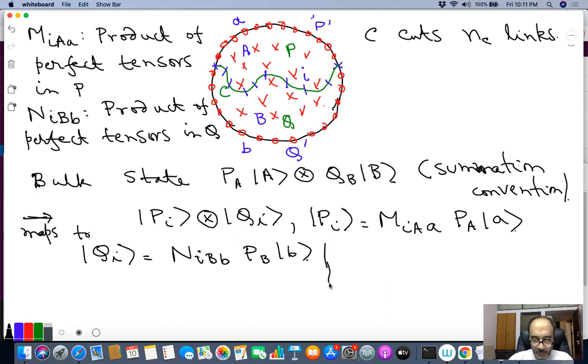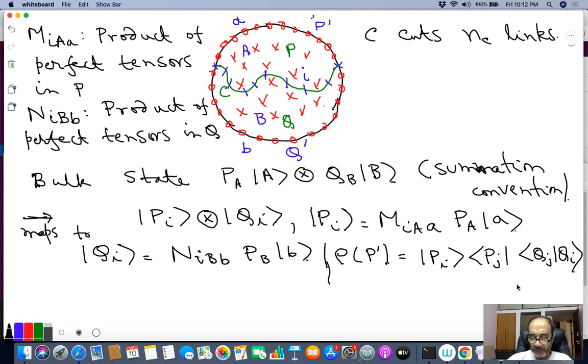So we define rho of P prime, which means that we trace out the degrees of freedom in B, and that was given by Pi, Pj, and Qj, Qi. So these Pi's and Pj's are now supported only on this part A, because we are tracing out the degrees of freedom here.